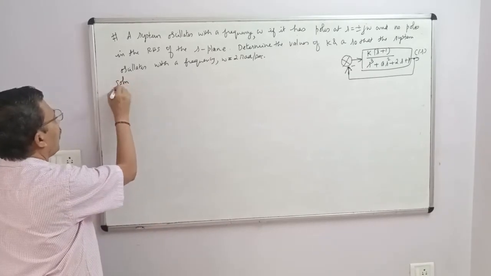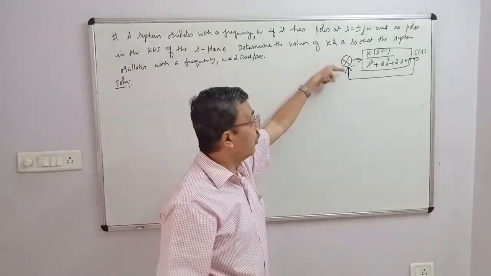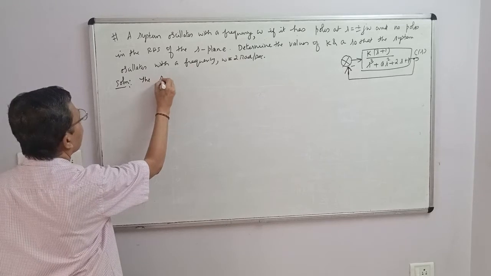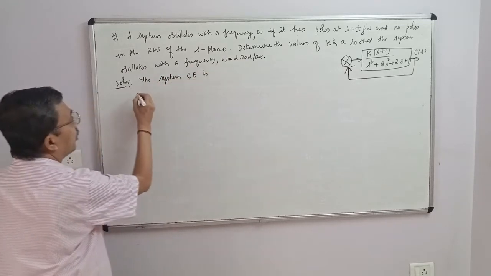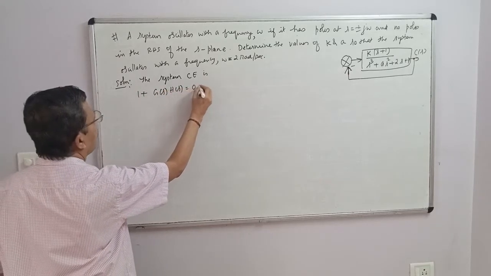Solution. Since the problem is on an oscillator, the input is 0. That is what is given in this figure. The system characteristic equation is 1 plus G(s)H(s) equal to 0.